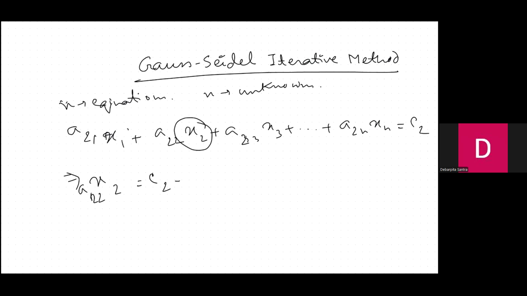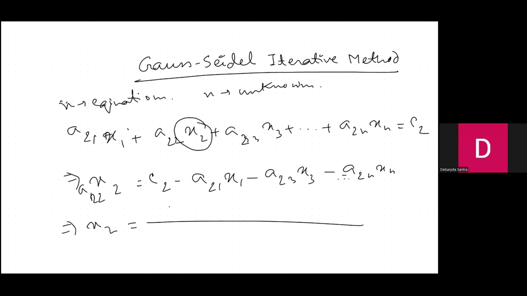So x2 is equal to c2 minus a21x1 minus a23x3 minus dot dot dot minus a2nxn, divided by a22. Similarly, we will find the values of x3, x4, x5 up to xn.